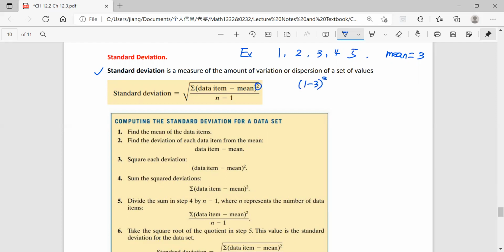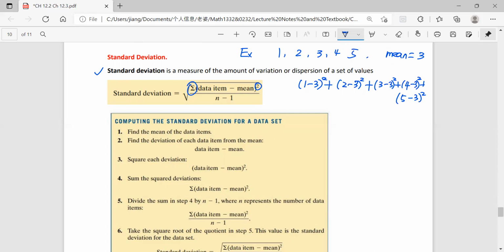And because the sigma means the sum, add 2 minus 3 squared, and then add 3 minus 3 squared, plus 4 minus 3 squared, plus 5 minus 3 squared. So this part is the top of the fraction, I mean the numerator.